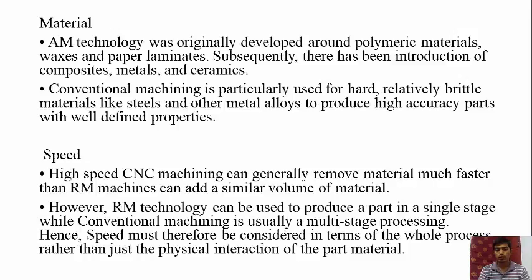Now comes the speed. As I told before, there are multiple stages in normal conventional manufacturing and CNC machining, but in rapid prototyping or additive manufacturing, the whole process is done in a single shot. So when the whole process is done in a single shot, the time taken is lesser.